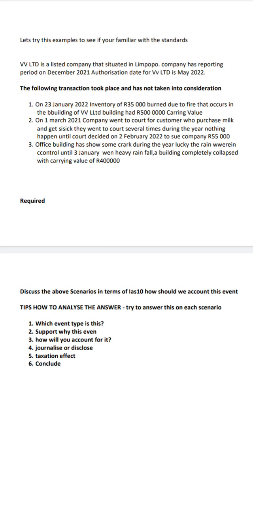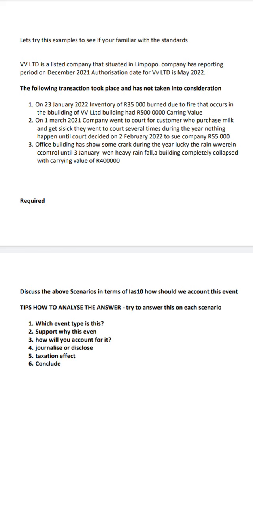You have to understand that if we are talking about non-adjusting, you disclose. When we are talking about an adjusting event, you record, not disclose. Number 4, how are you going to record or disclose it? If it's adjusting, of course you have to record. In other words, you have to do a journal.